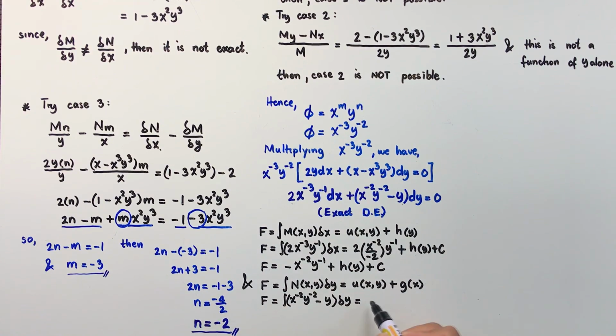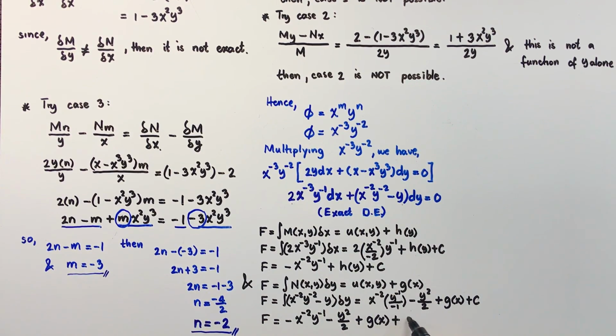So we have this x to the power negative 2 as constant, but the integral of y to the power negative 2 is y to the power negative 1 over negative 1, minus y squared over 2, and this will be added to some function g of x if there's any, plus the constant of integration C. So our F is equal to the negative of x to the power negative 2 y to the power negative 1 minus y squared over 2 plus the g of x plus the constant of integration C.